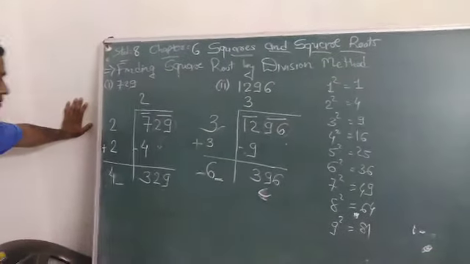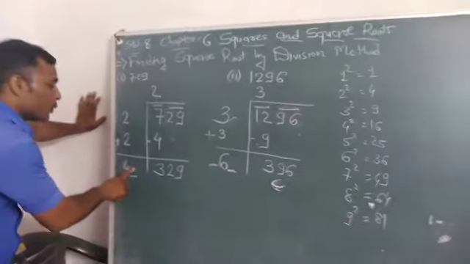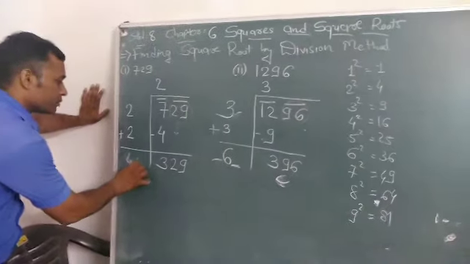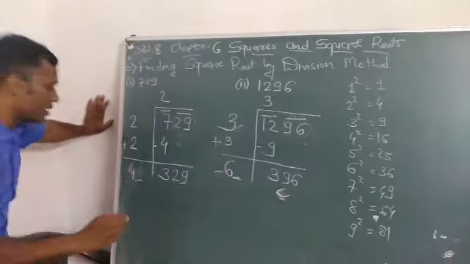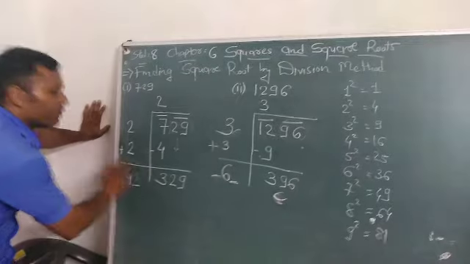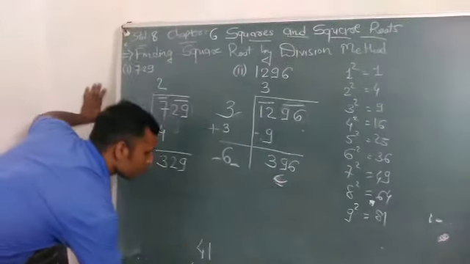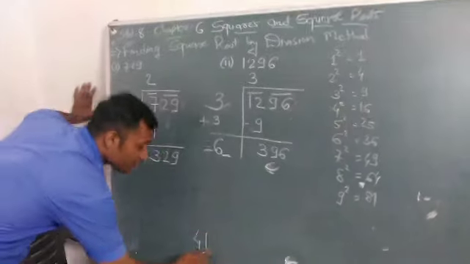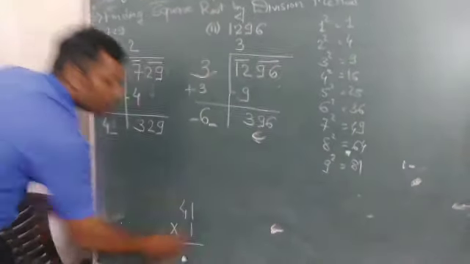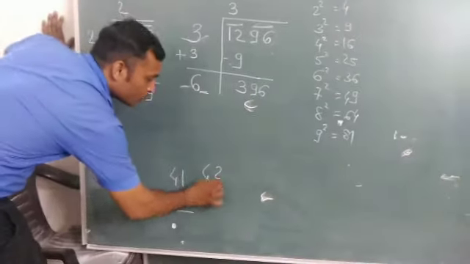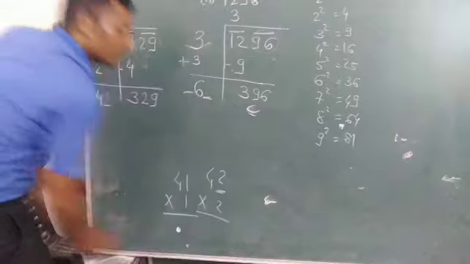Now the next digit. If you put here 1, so it becomes 41. So multiply by 1. If you put 2, multiply by 2.